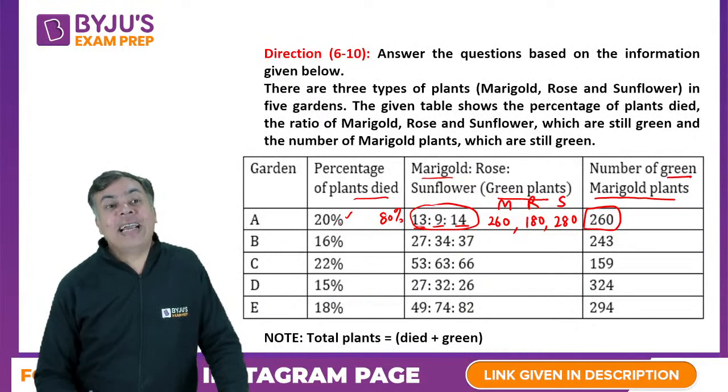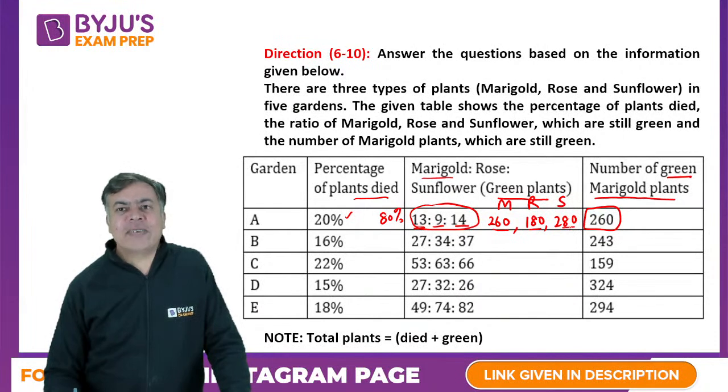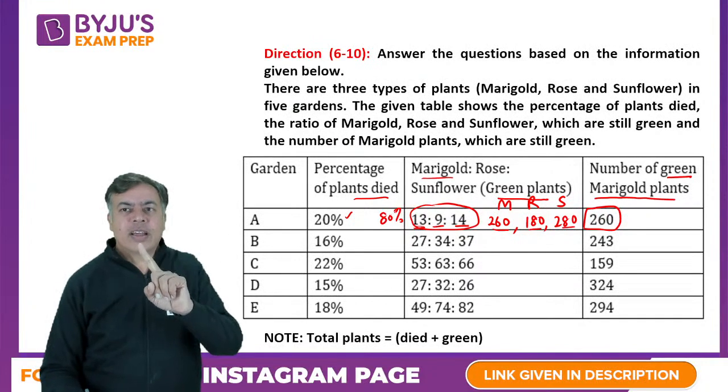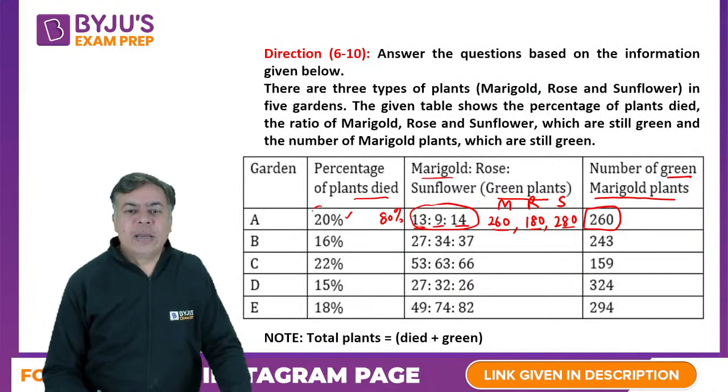So how many died? You can see 260 and 180, that will be 440, and 280 more, that will be 720. 720 is 80%, 8 into 9. So the total must be 900, or this 20% must be 180.